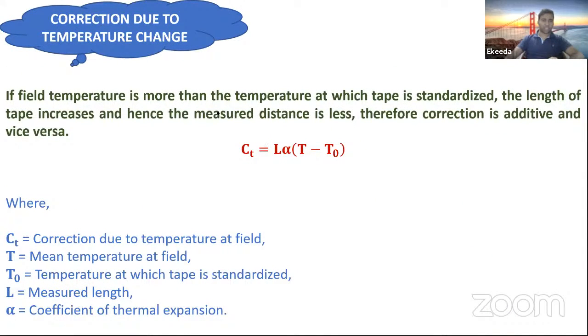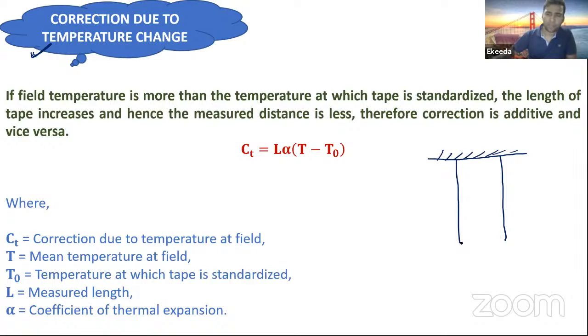Moving on to the next case, that is correction due to temperature change. Now, suppose that we have a bar here. We had studied this concept in the SOM. We have a bar here which is having a length of L, and this material will have a coefficient of thermal expansion alpha.